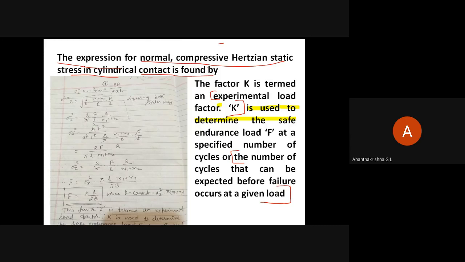Determine the safe endurance load F at a specified number of cycles. Note down the derivation completely, and also the complete description.